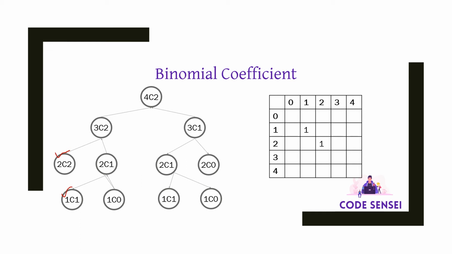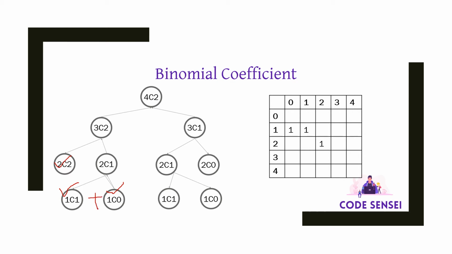So, we have found 2C2 and 1C1. Then to find 2C1, we have to find the value of 1C0. Here, the number of items to be picked is 0, that is r equals 0. So, the value of 1C0 is 1, right? To find the value of 2C1, you must add 1C1 and 1C0.